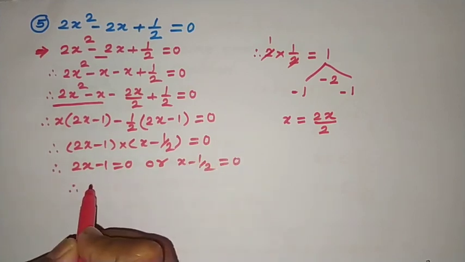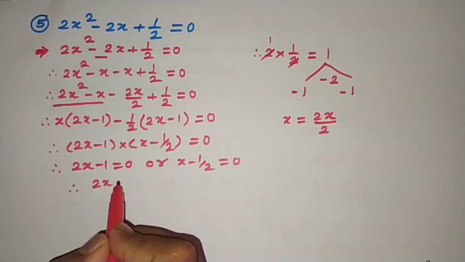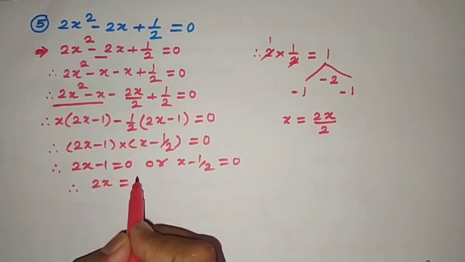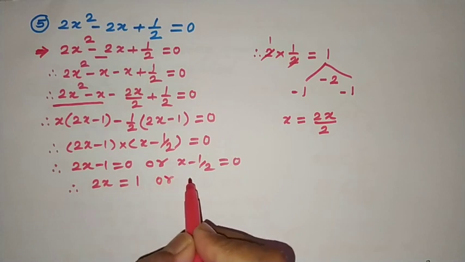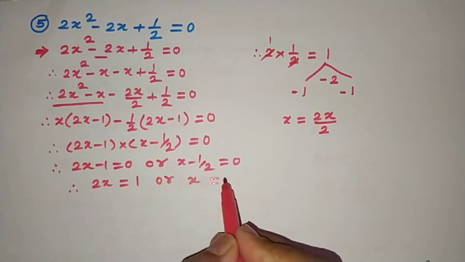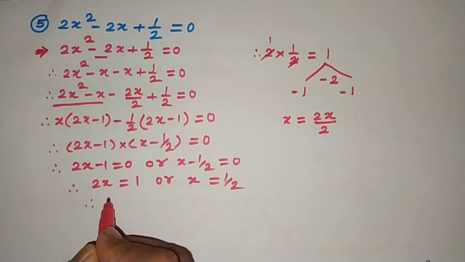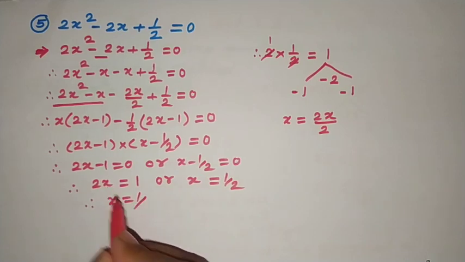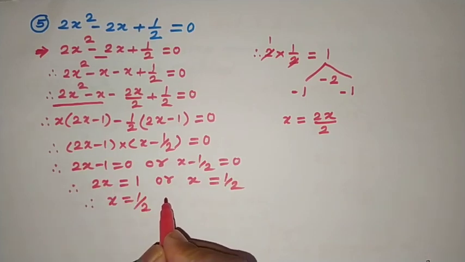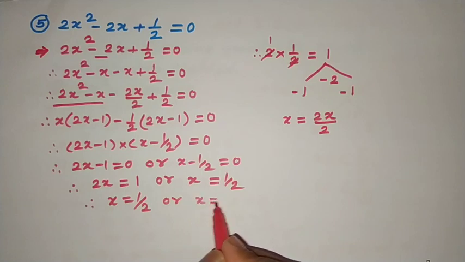Therefore 2x is equal to minus 1, right side plus, x is equal to minus half; right side plus 1 half, x is equal to 1 half.